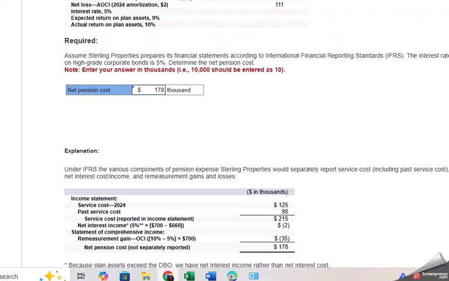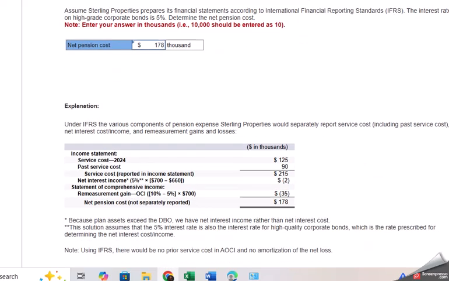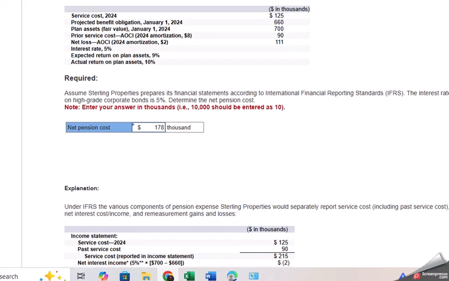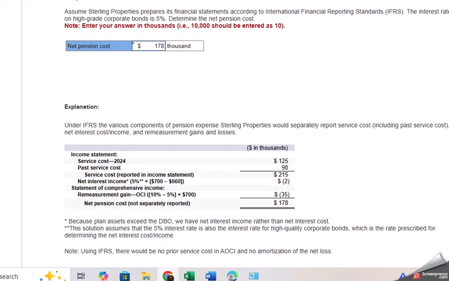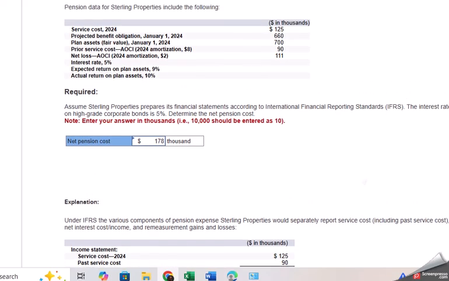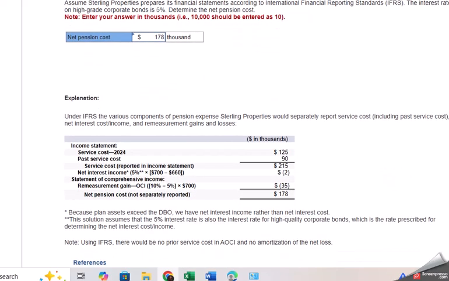Okay, then the net loss does not factor in there. So then our last one is the other comprehensive income. We had a gain. If we look back up here, we actually had the 10% return.